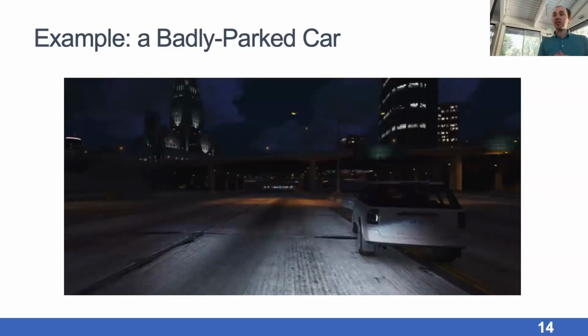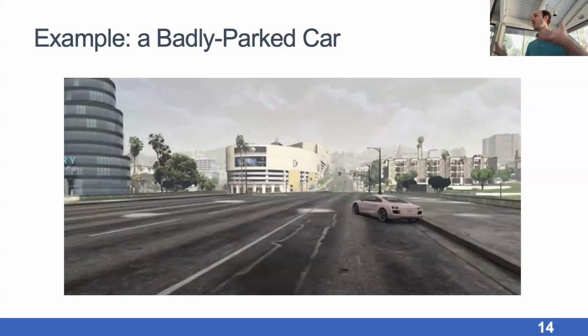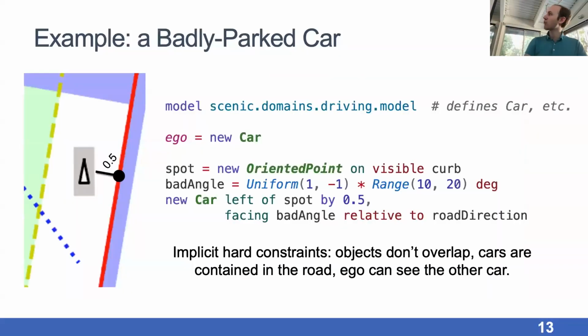So for example, in Carla, which we'll show later, Carla has several built-in worlds, and Scenic can run its scenarios in any of those. And it also has facilities for building your own custom ones, and Scenic will work with those too. The main thing that you need to get into Scenic, if you're using our driving library, in order for things like curb and road direction to be defined, is that Scenic needs to know what the road network is.